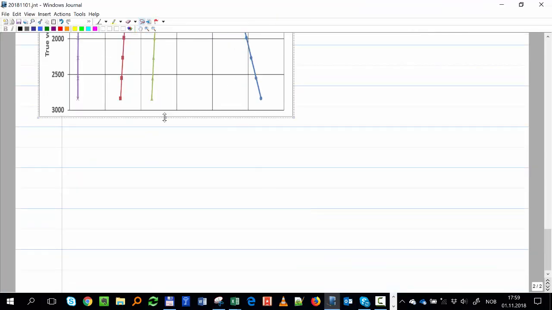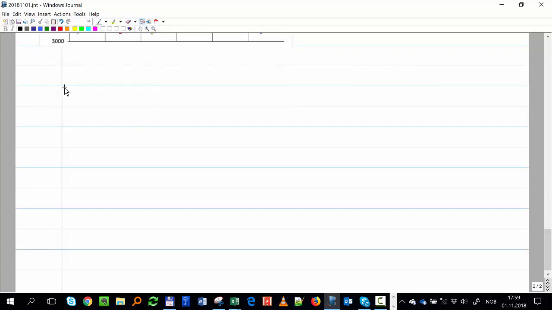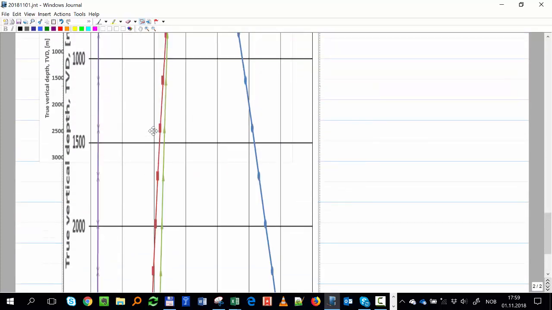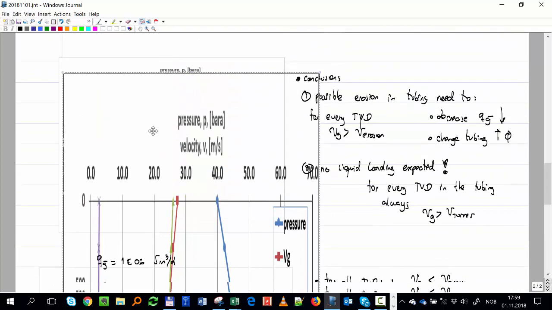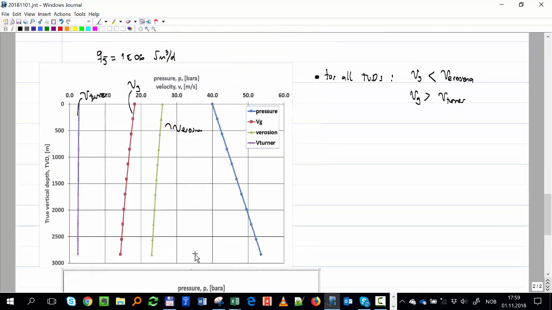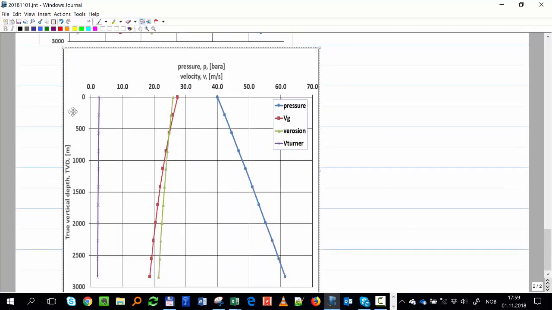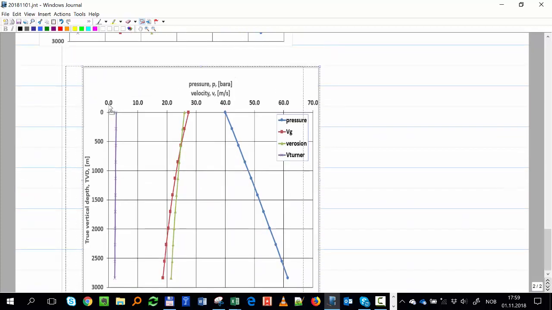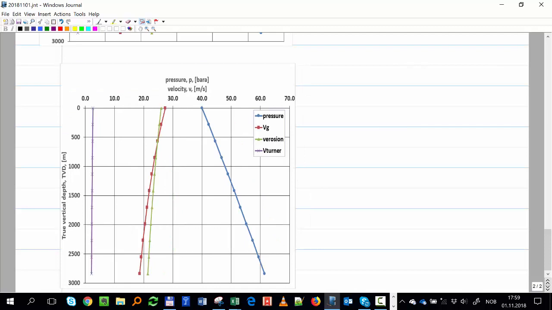Let me just reduce that. That's for the rate 1.5 QG, 1.5 e to the 6. And you see, up to that point, VG is the red.